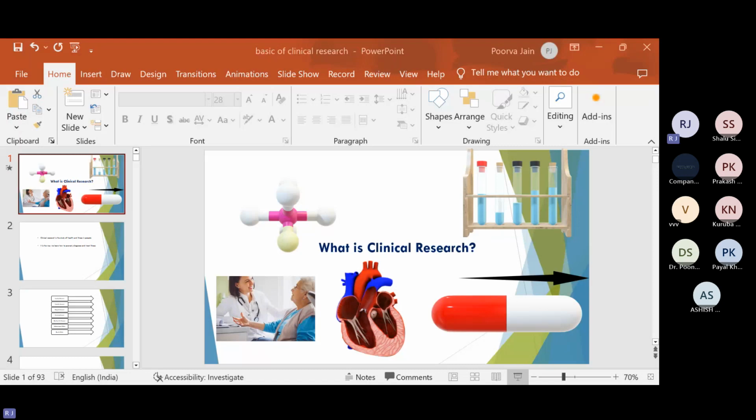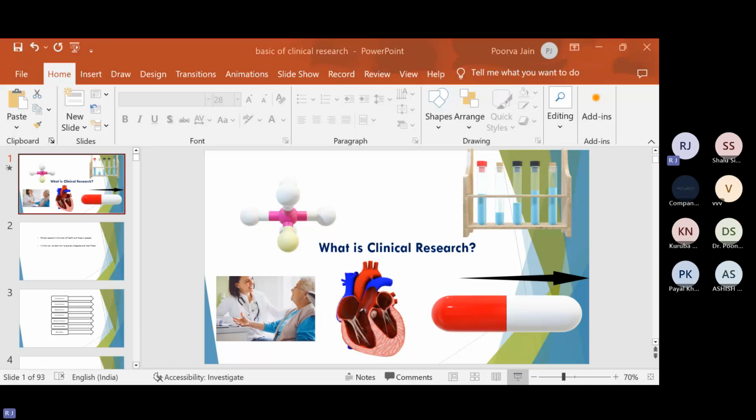Whenever any sponsor company, any pharma company, wants to develop a drug molecule, they always try to identify the target which meets its clinical and commercial requirements. For example, congestive heart failure.